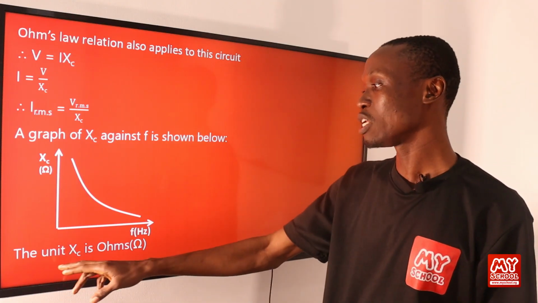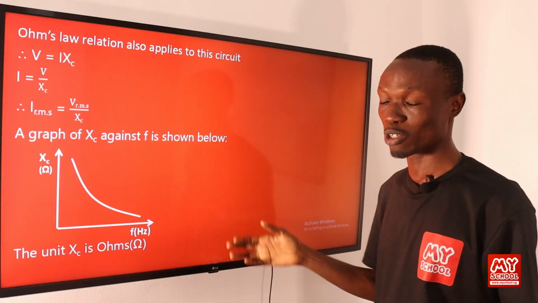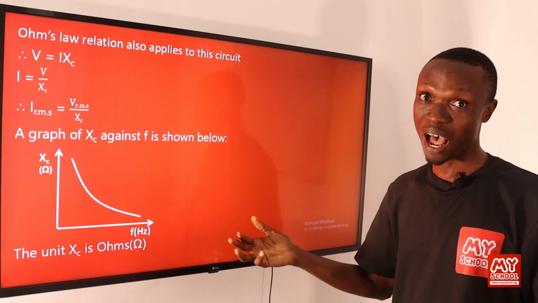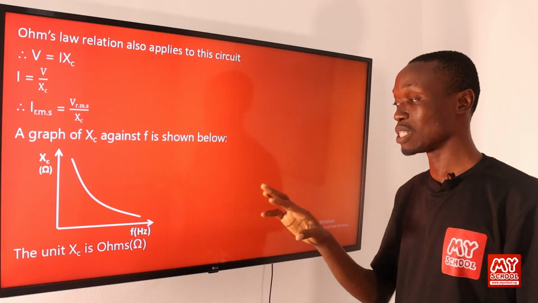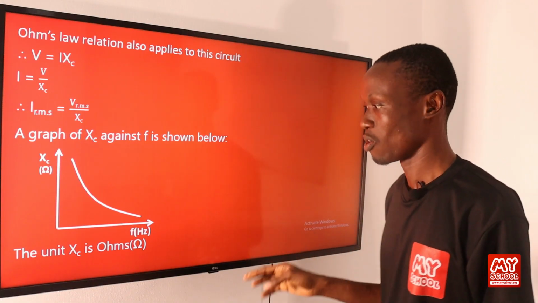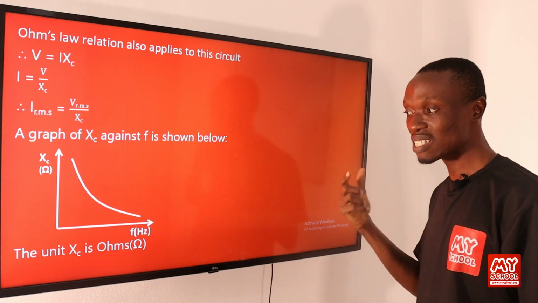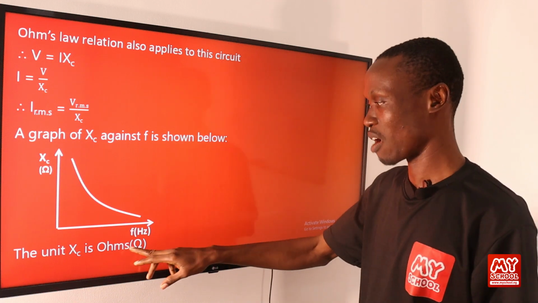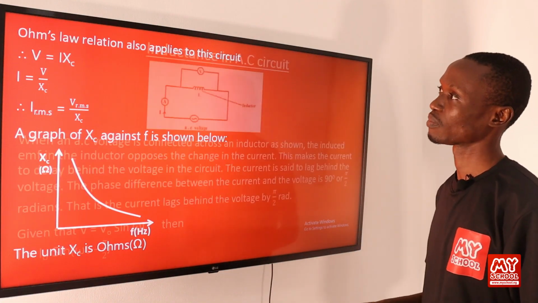The unit of XC is ohms because it's a resistance, but this resistance is the one offered by a capacitor and not by a resistor. Basically both of them are the same. So the unit of XC, or capacitive reactance, is ohms and is represented with this symbol. So let's move to the next slide.